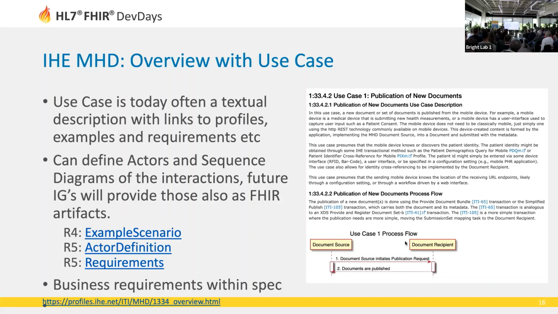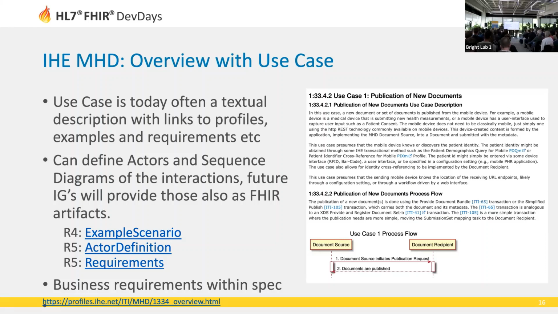So in a future version, you will be able to use this and link it together. And they even start now with developing a requirements resource, so the shalls and things you should do in an implementation guide are also provided as structured content. So these business requirements will also get more computable.